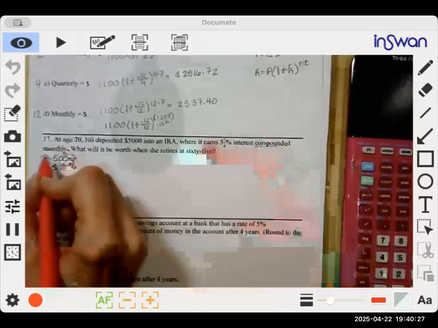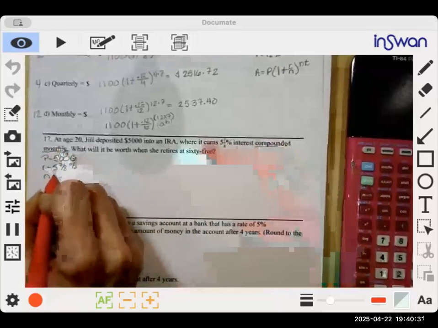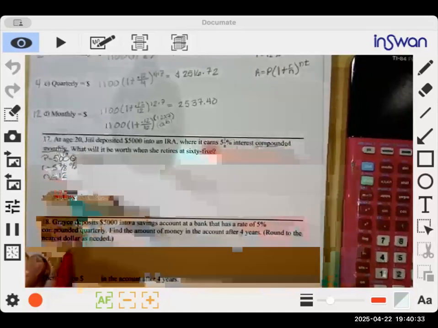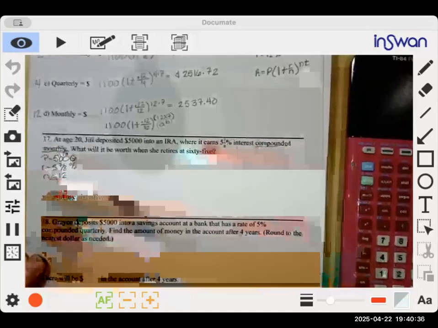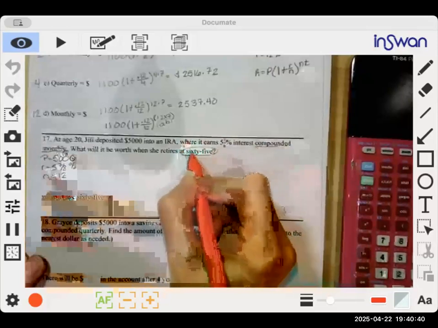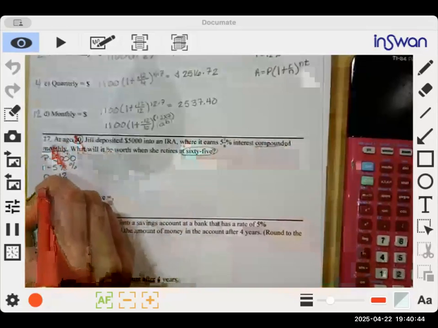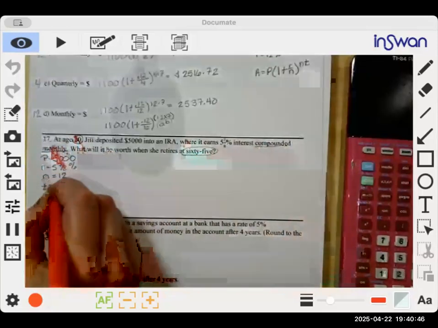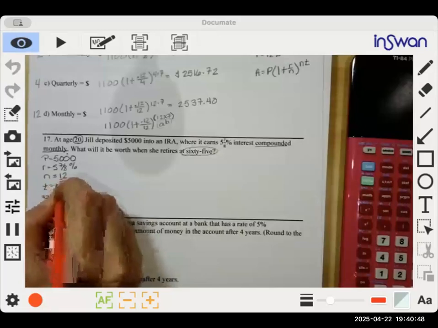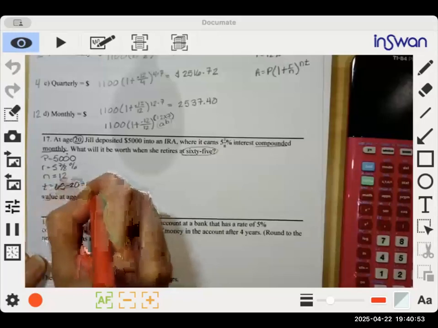Interest compounded monthly, so the number of times it's compounded is 12 times per year. What will it be worth when she retires at 65? So we started at 20 and we're going to 65. So 65 minus 20 is 45 years.